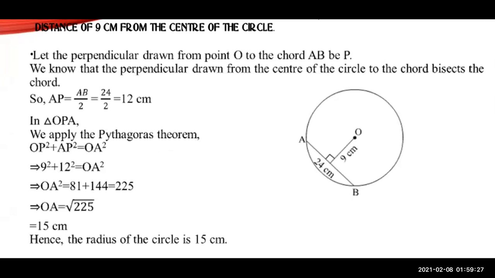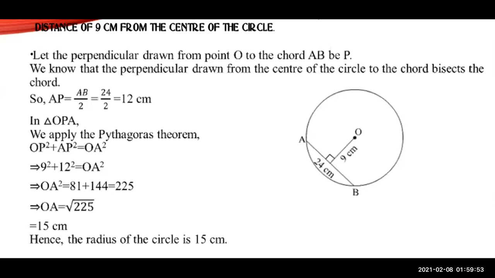That's why I told you to write P, so that OP is our perpendicular and AB is our chord. Then we know that the perpendicular drawn from the center of the circle to the chord bisects the chord. This is the property which we are going to use.